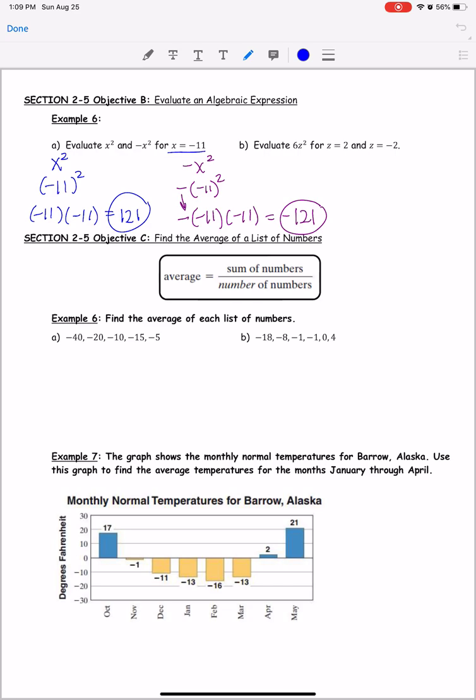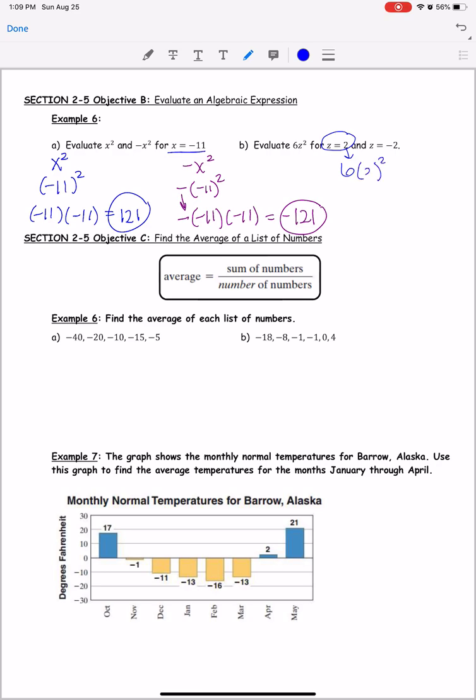Now B, we're evaluating 6z squared for both z equals 2 and z equals negative 2. On this one, we only have one thing to plug in, but I'm going to plug in two different numbers. On A, we had two things to plug in, but only one number for x. So on the first one, when z is 2, I've got 6 times z squared.